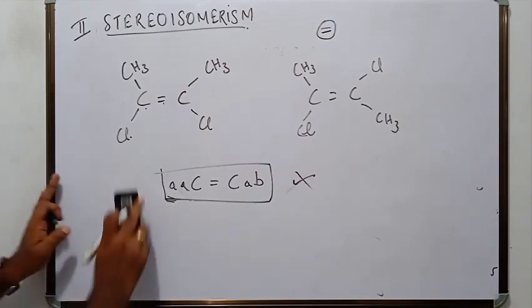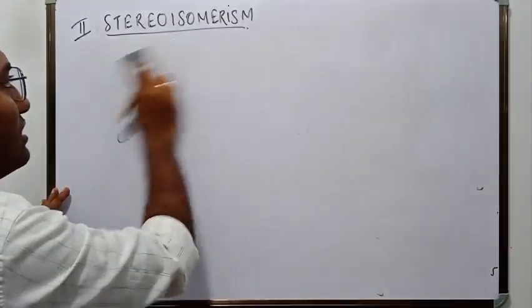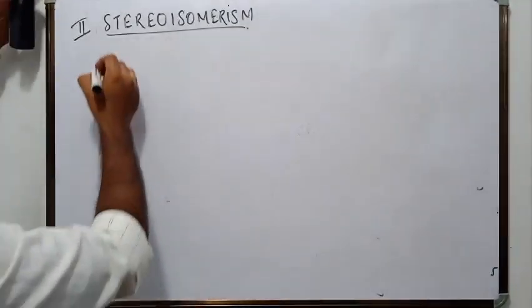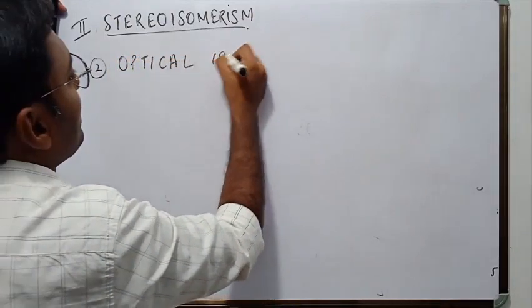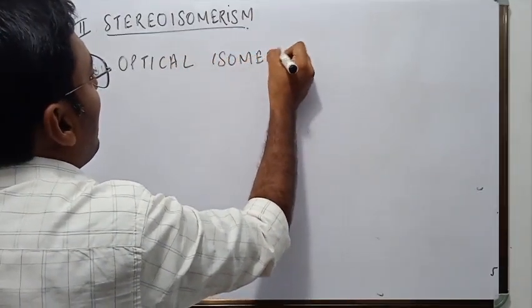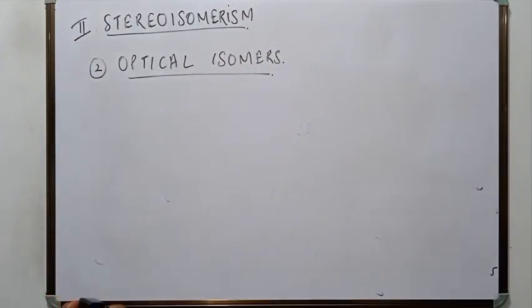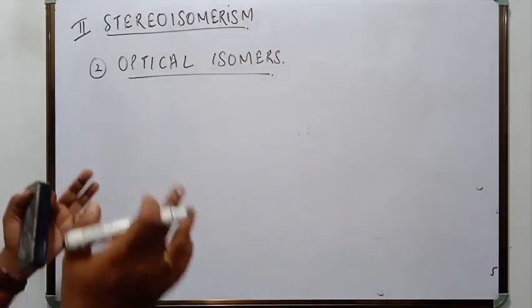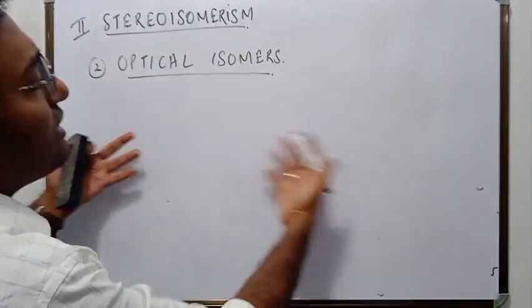Now let us go on to discuss the second subtype of stereoisomers, which is optical isomers. Optical isomers are isomers which are different in the way the groups are attached to each other in space, and they are so oriented in space that one is the mirror image of the other and they are non-superimposable.